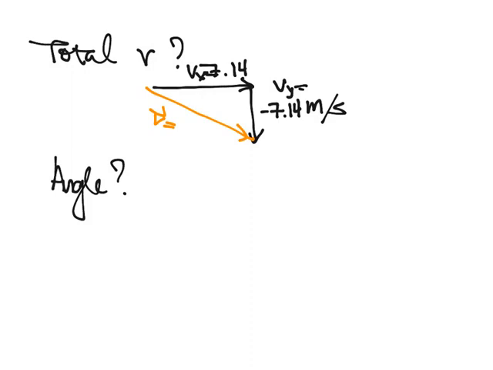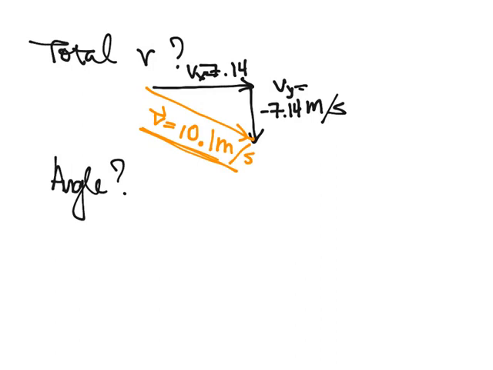Okay, so what I want you to do is go ahead and take a minute, use the Pythagorean theorem, and find what this should be. When you use the Pythagorean theorem, you find that your total velocity is about 10.1 meters per second.